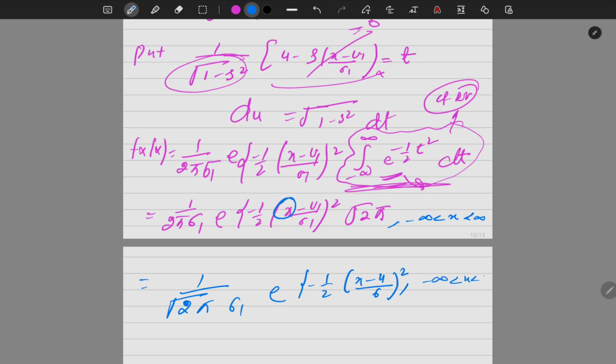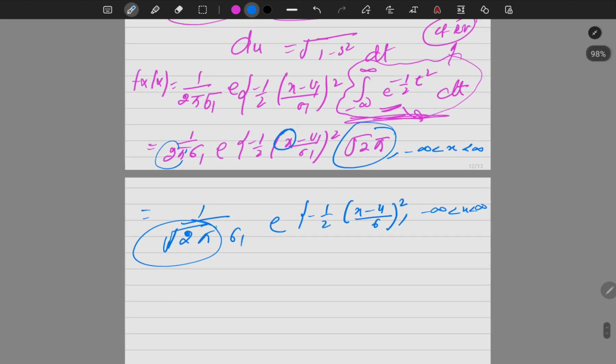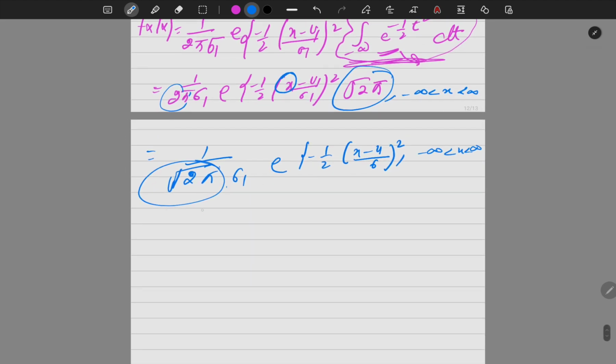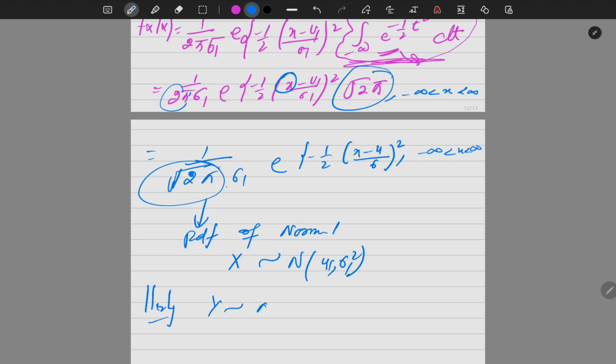We have under root 2 pi and 2 pi, so multiply and divide both sides by under root 2 pi, and we will be left with only 2 pi in the denominator. So this is the PDF of the normal distribution. So x follows normal mu 1 comma sigma 1 square. Similarly, y follows normal mu 2 comma sigma 2 square.